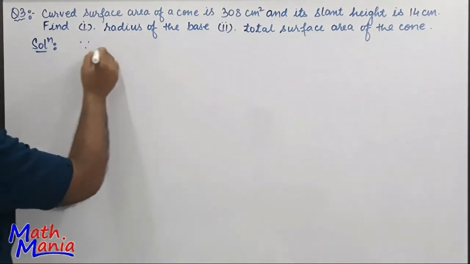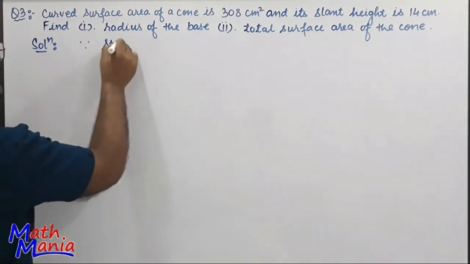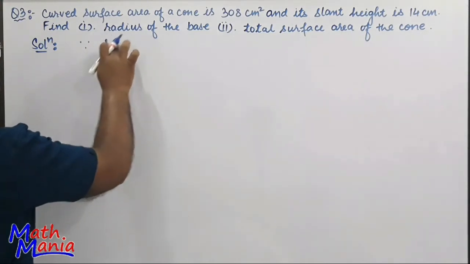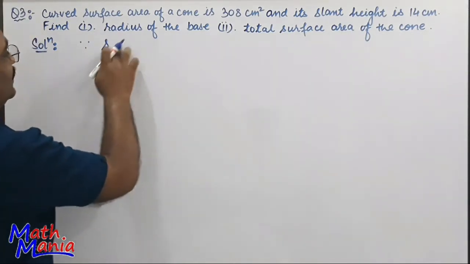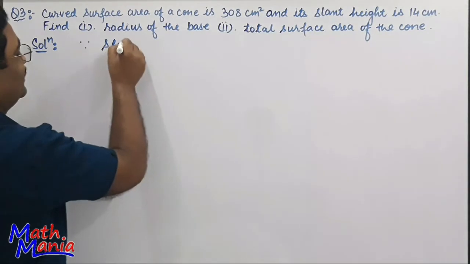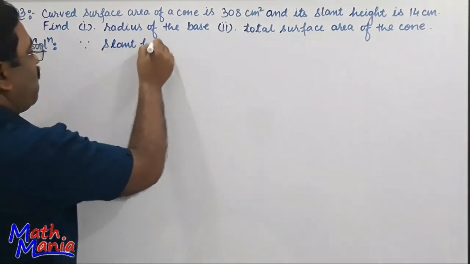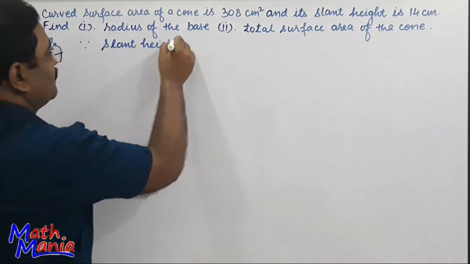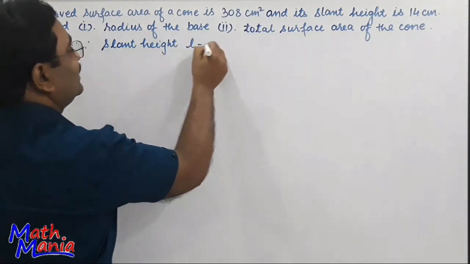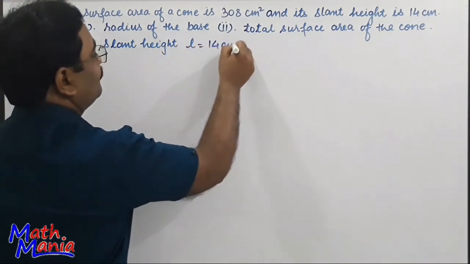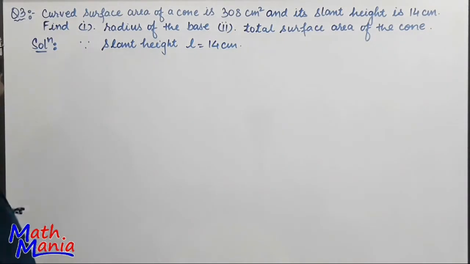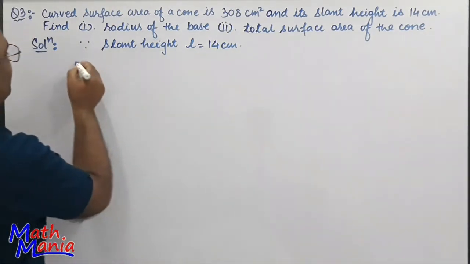Since slant height is given 14 centimeter. So slant height means L is given 14 centimeter. And the second thing is given, curved surface area of this cone is 308 centimeter square.